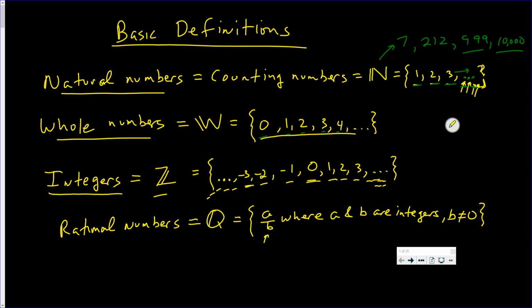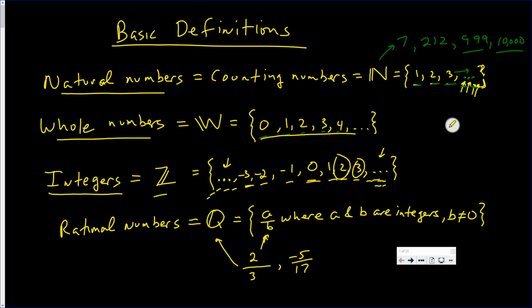The rational numbers, they're fractions. Take one of the integers and divide it by another integer that isn't 0, and that number's in Q. You take -5 and you divide it by 17.